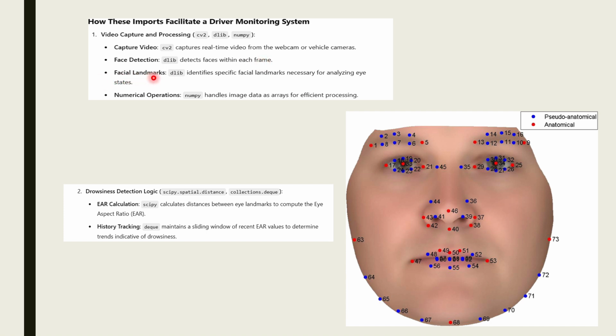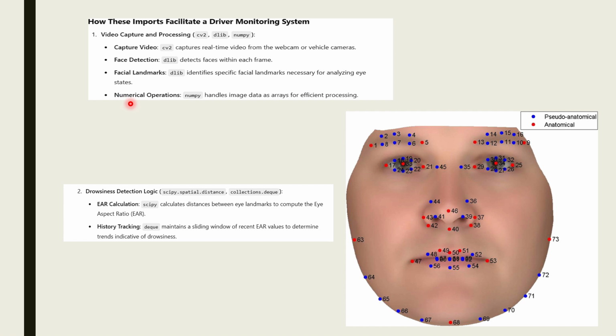Then there is the facial landmarks function in Dlib, which determines the landmarks of the detected face. If you see the eye, we are interested in this region, so we will go in depth into these points and calculate the distance.